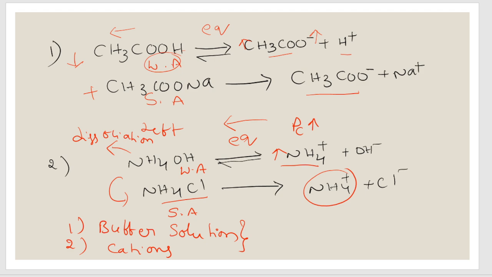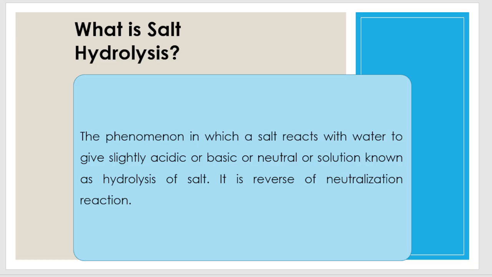And that reaction is called what? When the salt is dissolved in water, if the cation or anion of the salt or both the ions react with water, then that reaction is called hydrolysis.